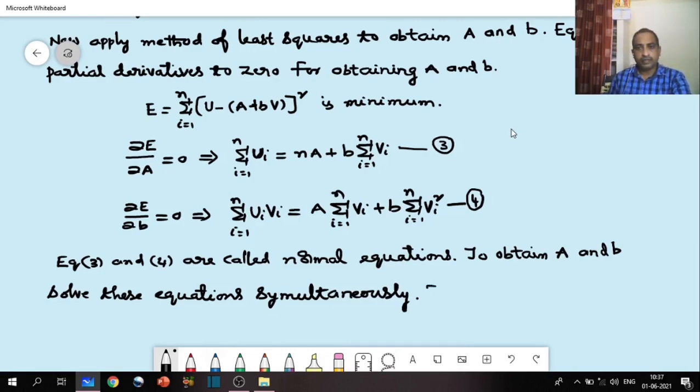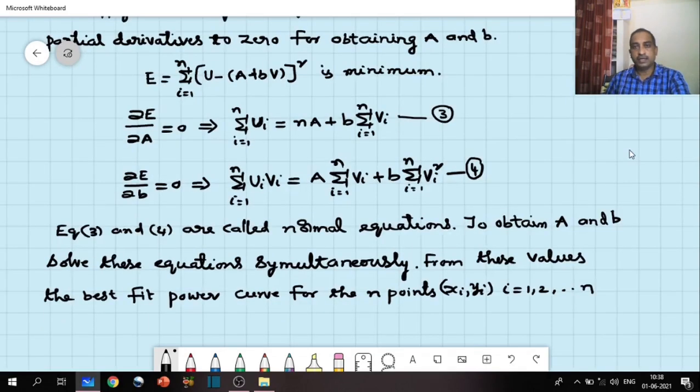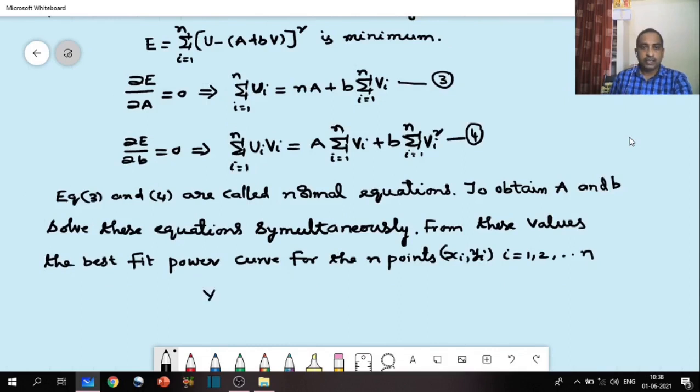So from these values, the best fit power curve for the n points (xi, yi), i equals 1 to n, is y equals a hat x power b hat.